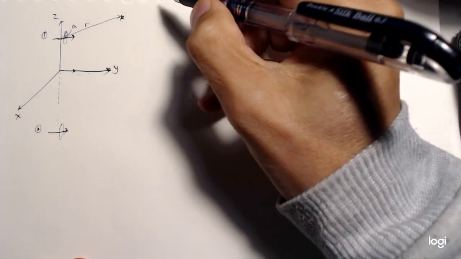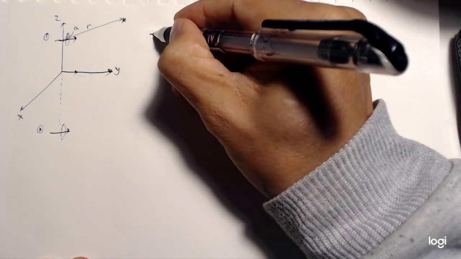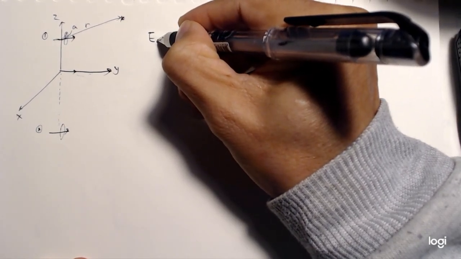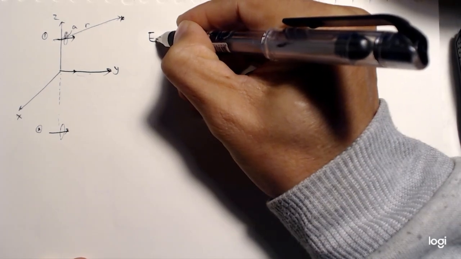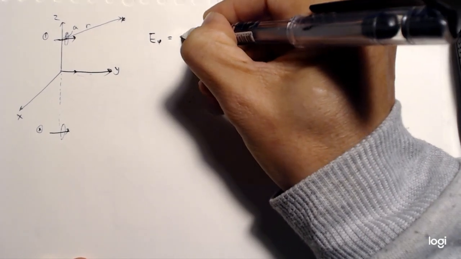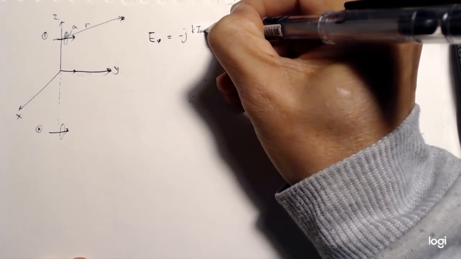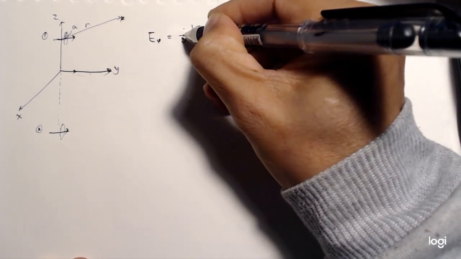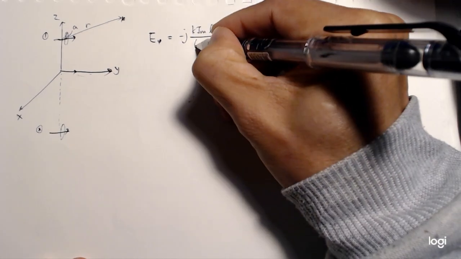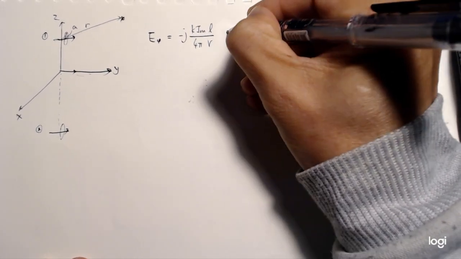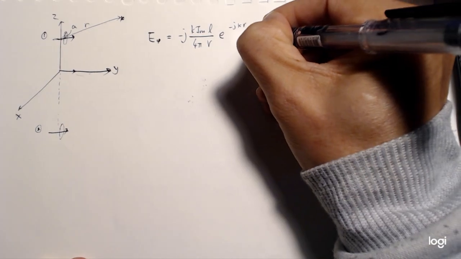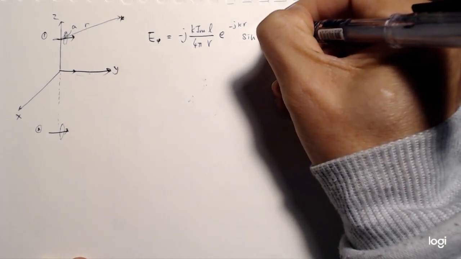The formula for the magnetic dipole is E equals jk I_m L over 4 pi r, and then sine, let's say this angle is psi.